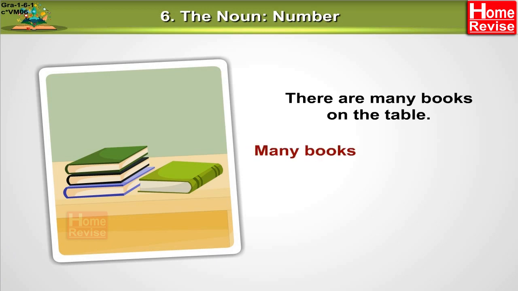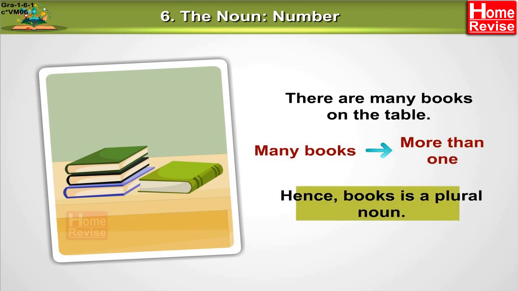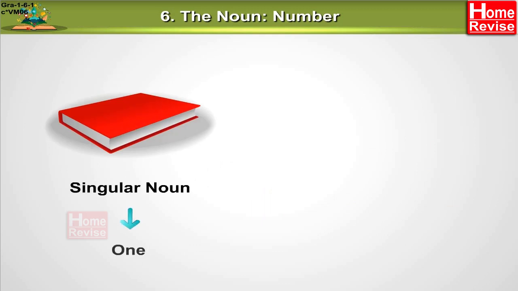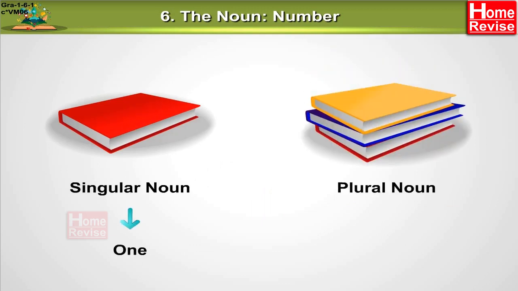Here, many books denotes number more than 1, say 2, 3, 4, etc. Hence, books is a plural noun. So remember children, singular means 1 and plural means more than 1. Simple, isn't it? Now, let us see how to make plural forms of nouns.